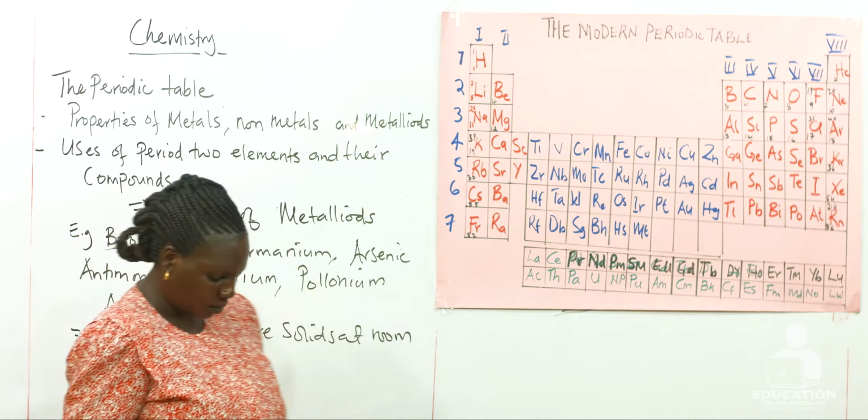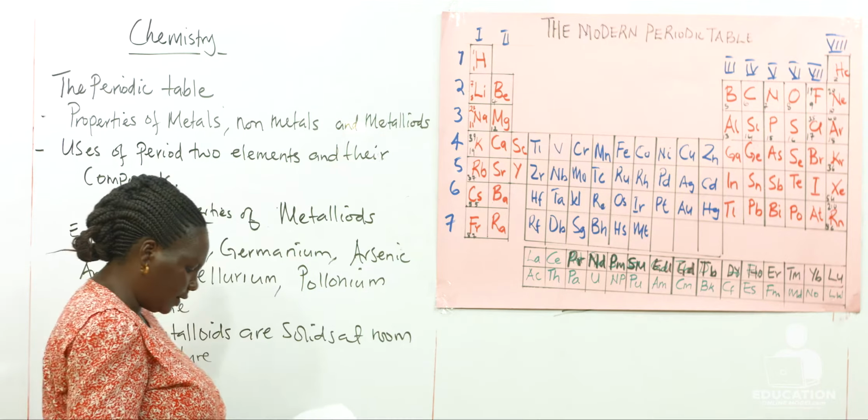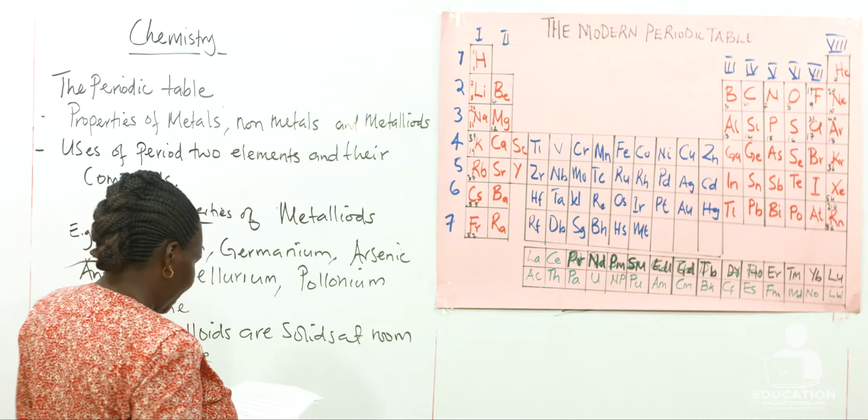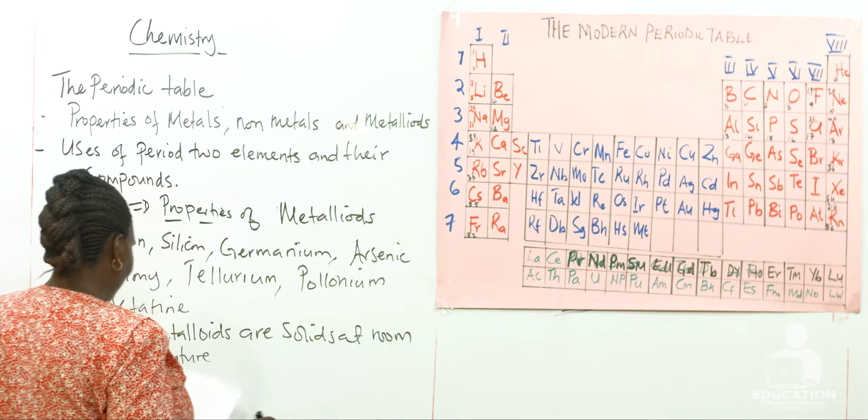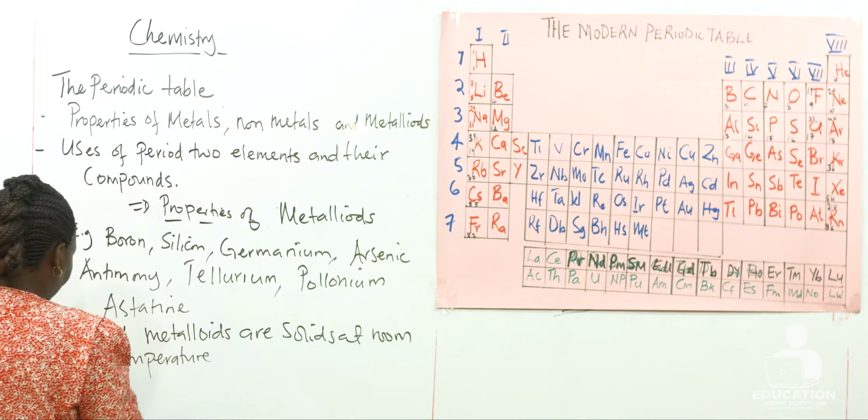Then metalloids are less malleable than metals, but not as brittle as non-metals.